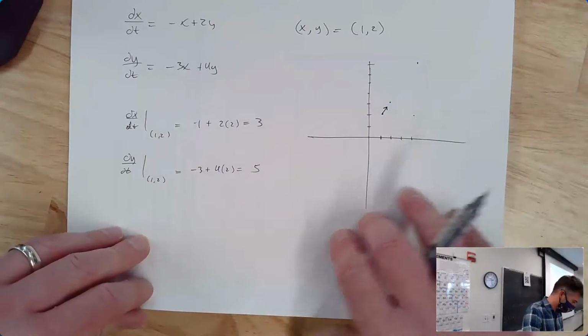So let's say we had something like, I can just make an easy one like that.